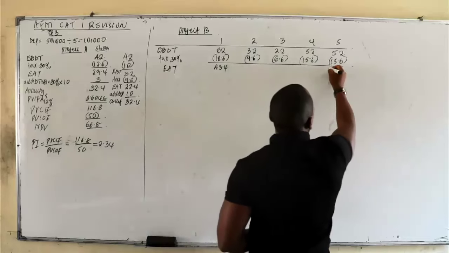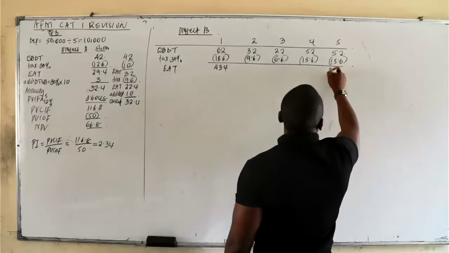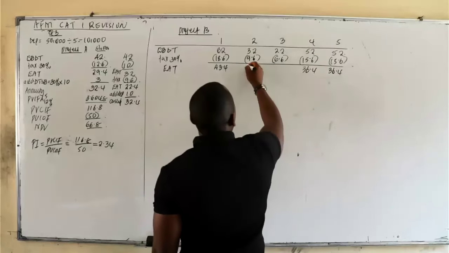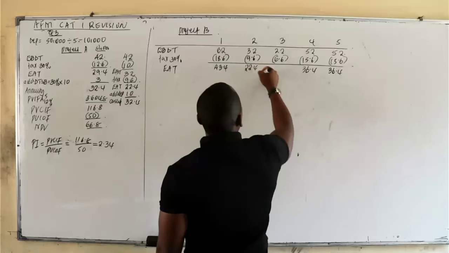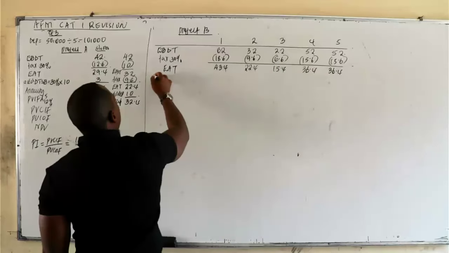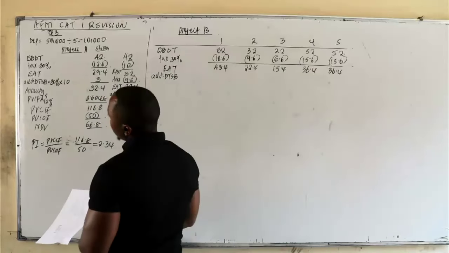The fifth one can't be 10.4. 36.4. 22.4. Then we add the depreciation tax shield benefit. Depreciation per annum was the same, 10, 10, 10.